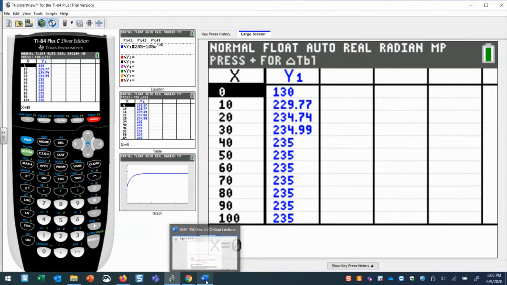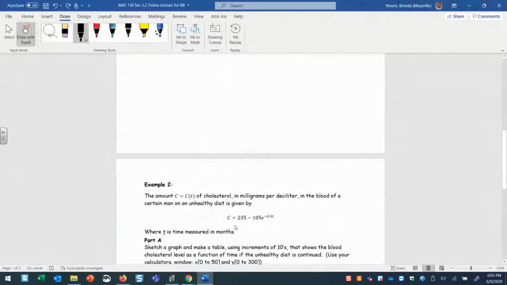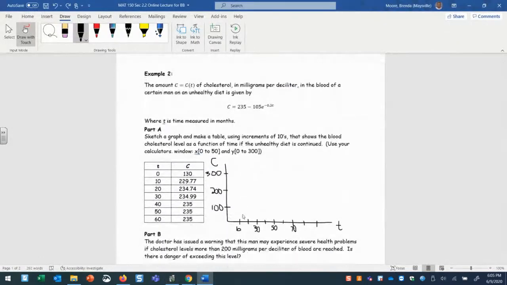Let's go back to our questions. Here I already have the table typed in for us. Now we want to graph this table, a rough estimate, a sketch. At 0, it's 130, so 130 about right here. I'm going to put a dot here.